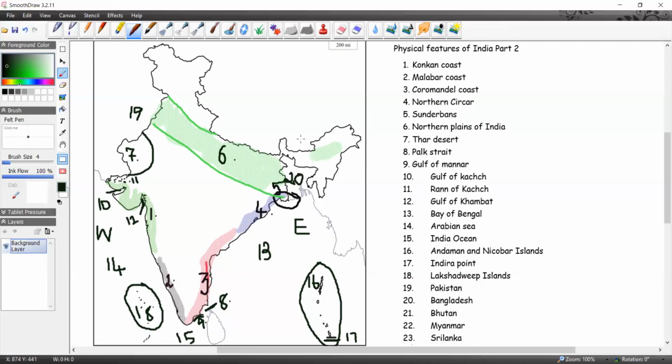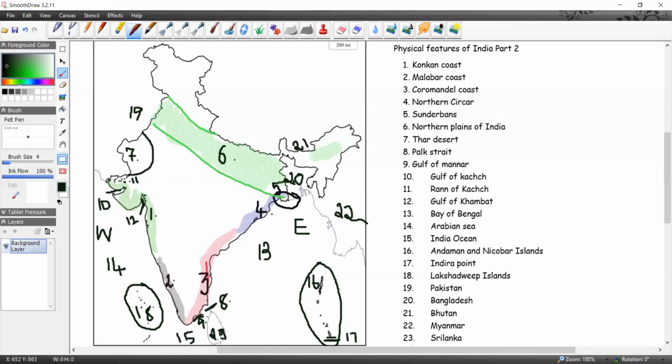And 21, Bhutan. Bhutan is here. 22, Myanmar. This is 22, Myanmar. 23, Sri Lanka, the island nation.